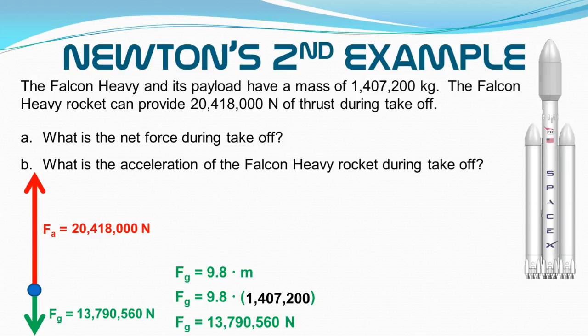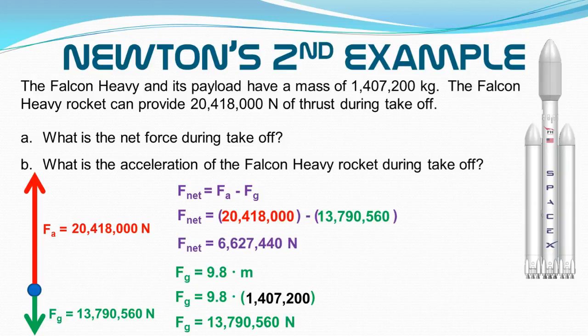I can find the difference or change between these forces. The forces pulling up are pulling more than gravity's pulling down. So I can subtract them to find the difference. The net force equals the bigger force minus the smaller force. 20,418,000 minus 13 million and change.